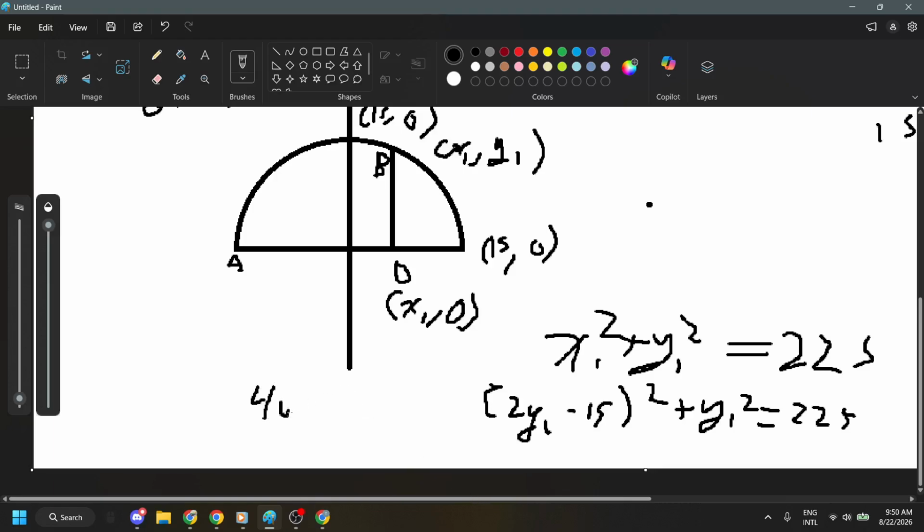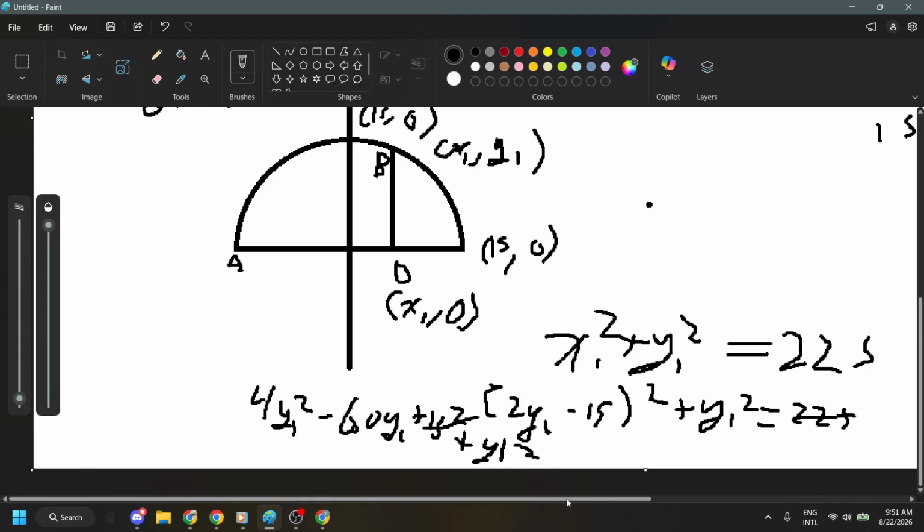So we get 4y1 squared minus 60y1 plus 15 squared plus y1 squared. So the 15 squared and 225 cancel out.